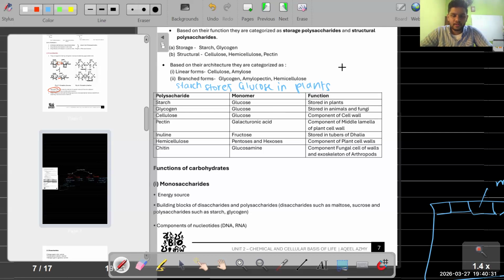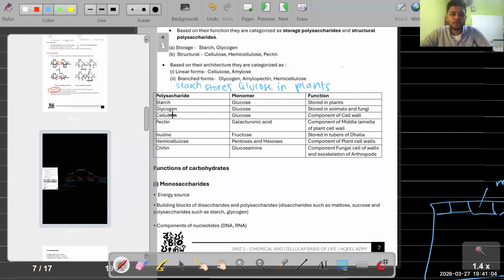Okay. Have you noted that down? Just write it down. Starch stores glucose in plants. That's it. Now we are coming to glycogen. Glycogen monomer is glucose, and it stores glucose in animals and fungi.